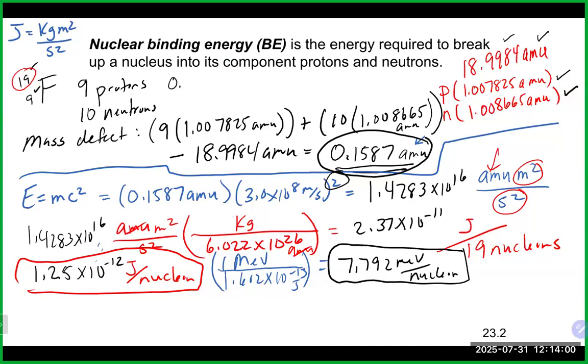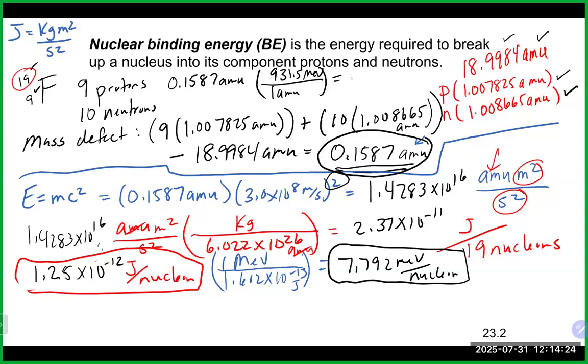you could actually just use those conversion factors that we saw in the previous slide where you don't have to necessarily use Einstein's equation. So you could take the AMU, and 1 AMU is 931.5 mega electron volts, and just go right into that.